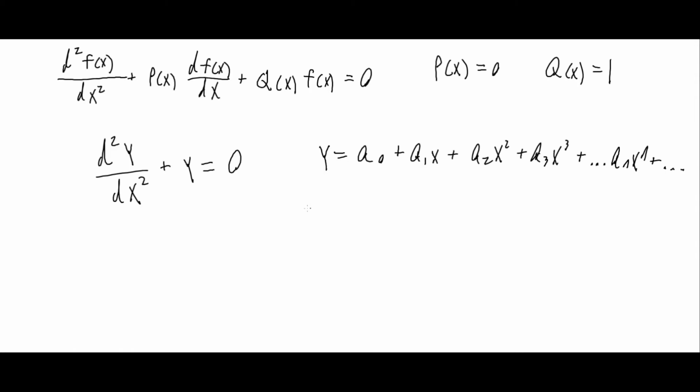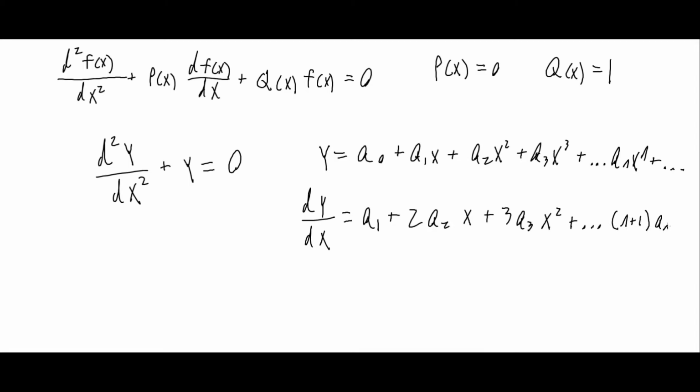The first derivative of this is the same as what we found in the last example, and so we will end up with a1 plus 2a2x plus 3a3x squared, and that will keep going off to n plus 1 a n plus 1 xn.